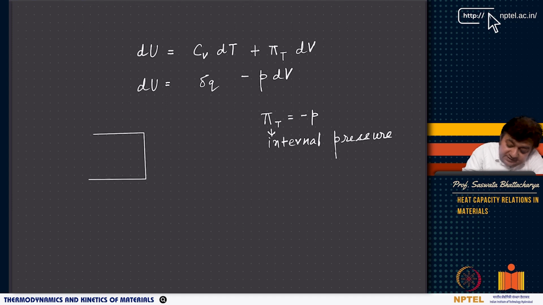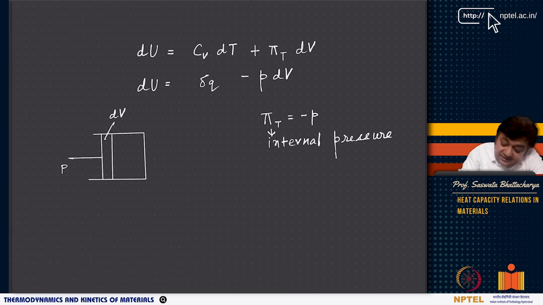I have a piston here, and I had a volume, and the volume was reducing. Initially the volume was V, and then it decreased by an amount dV, and dV is negative, and P is the external pressure.